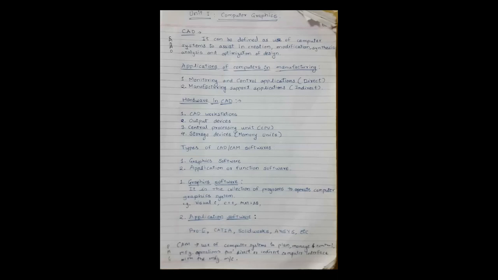That means using the CAE software, we'll take that CAD model, then we'll apply boundary conditions and loads, and we'll run that model, we'll get the results. We can virtually test that model, so we can identify whether the part is failing or not before manufacturing. That is what analysis is.